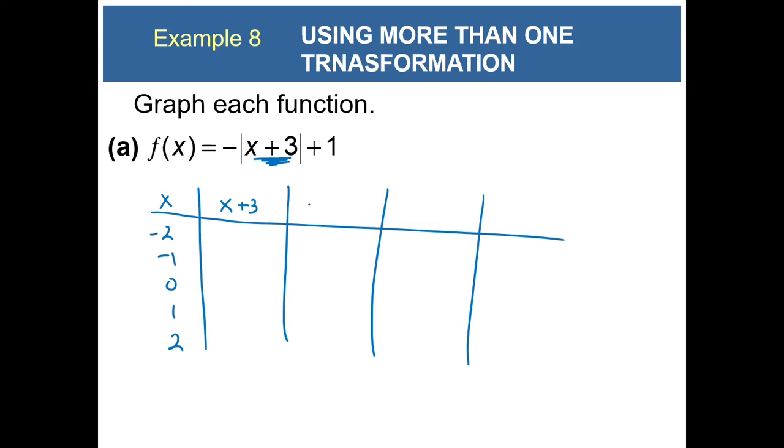Then we'll do absolute value of x plus 3, negative absolute value of x plus 3, and finally at the end we'll have the complete function on the right. Now you could do it many different ways. You could have just 2 columns or 3 columns or more depending on the problem. So let's plug in negative 2. Negative 2 plus 3 is positive 1.